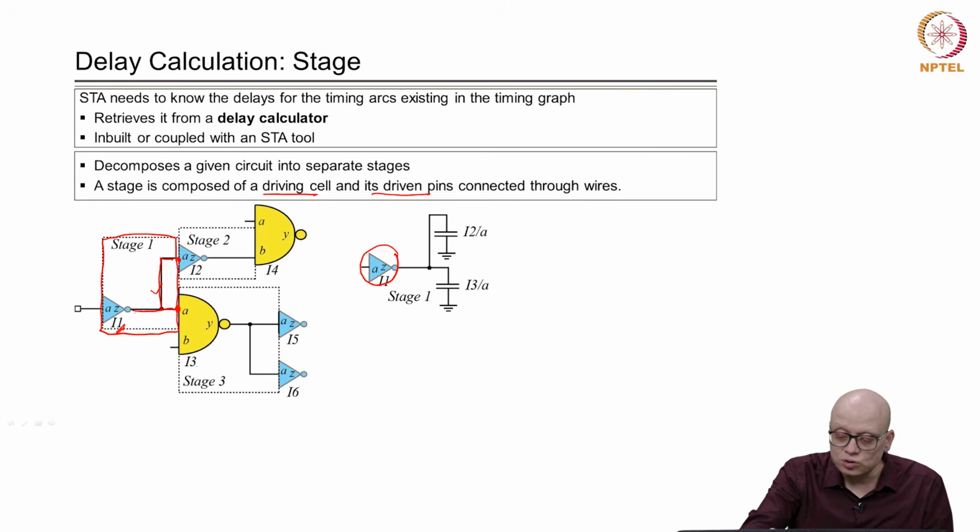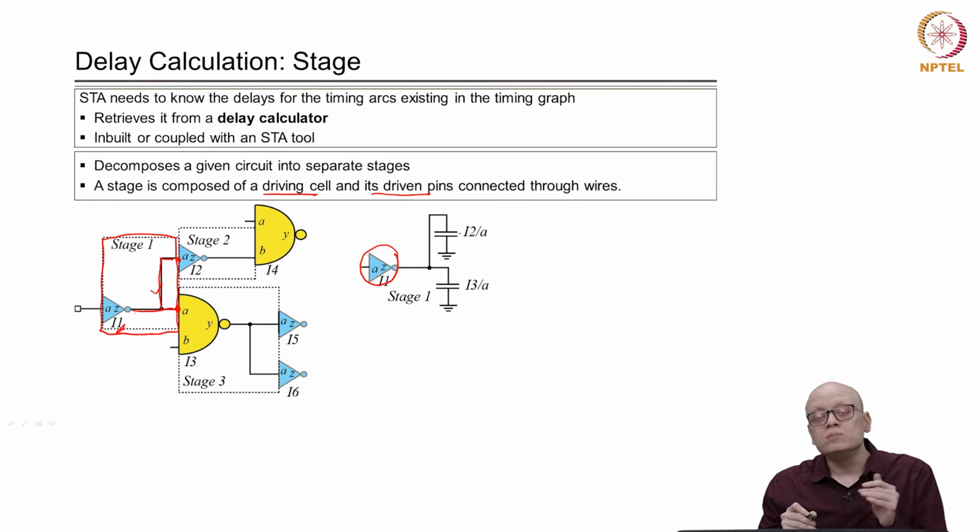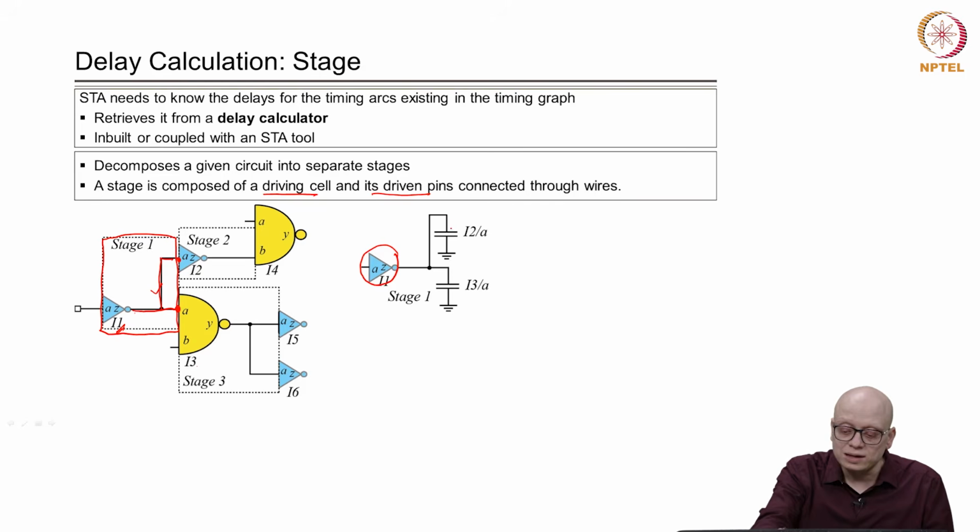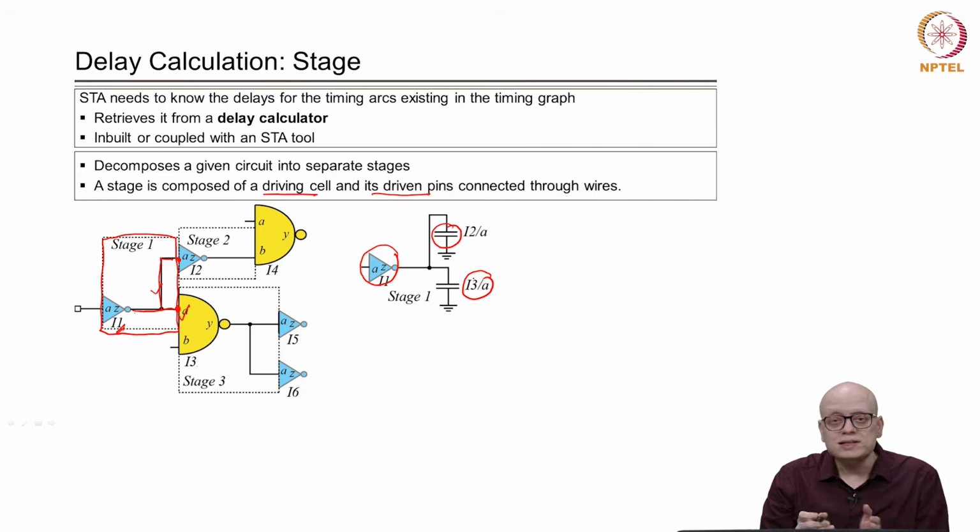So, we can model this as a capacitor because we are considering a CMOS circuit, and input to a CMOS logic gate is nothing but the gate terminal of the MOSFET, which we can model as a capacitor. And similarly, the terminal I3A is modeled as a capacitor. So, this is the first stage.